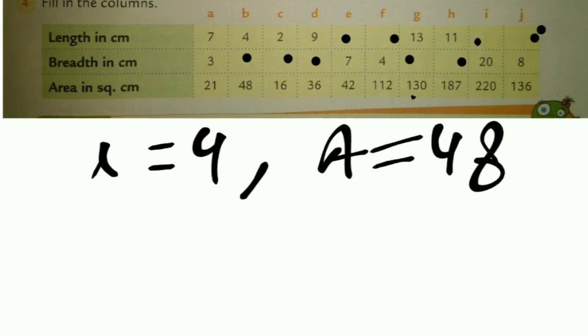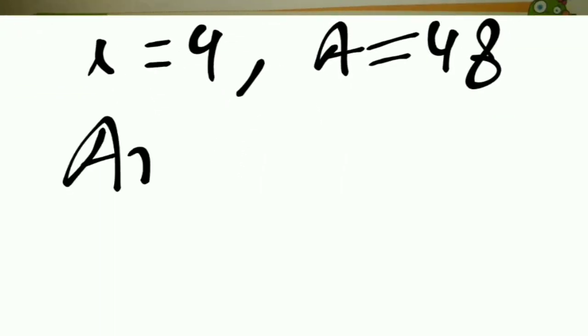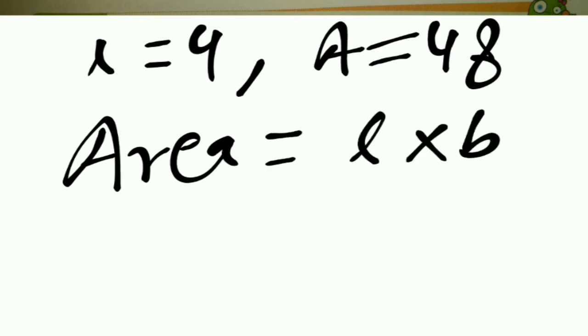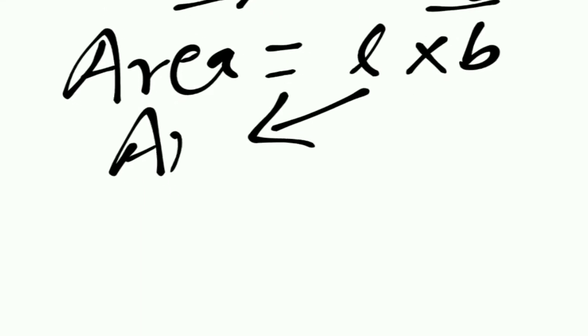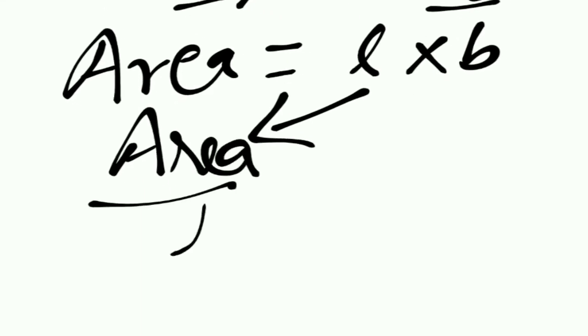First one is given, second one length we are having 4 and area we are having 48. So we know that the formula is area equals length into breadth, but here length we are having and area we are having, so this length will come on this side, so easily we can find breadth. This multiply can be converted to the opposite side, so it can be converted into divide.